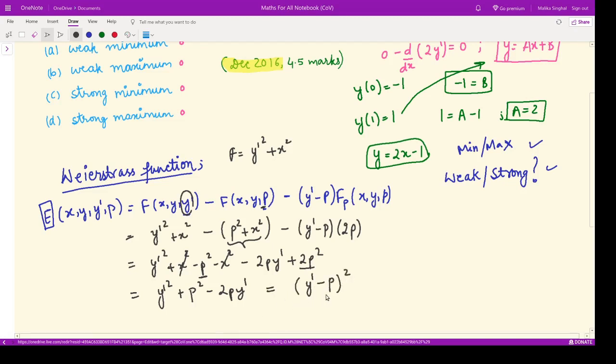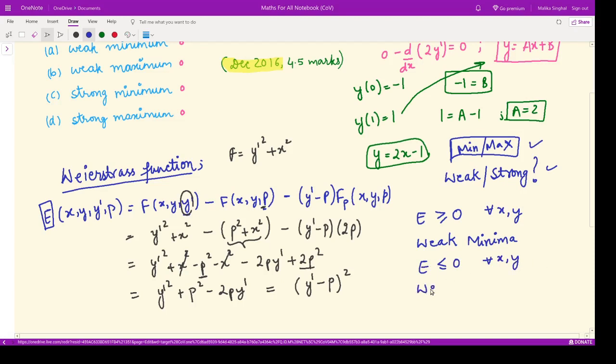Now depending on the sign of this function E, we can determine whether it is a minima or maxima. If E is a positive function for all x, y, then it is a weak minima. If this E is less than or equal to 0 for all x, y, then it is a weak maxima.